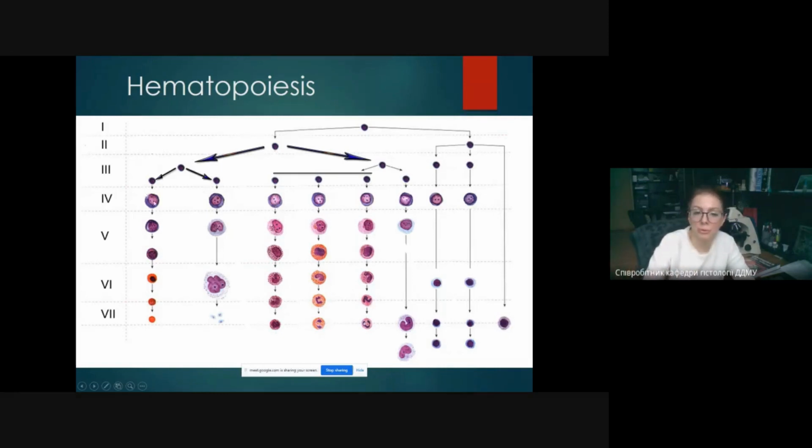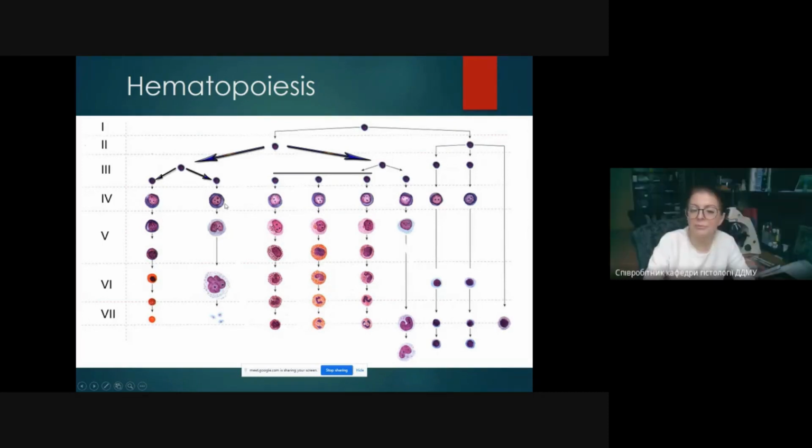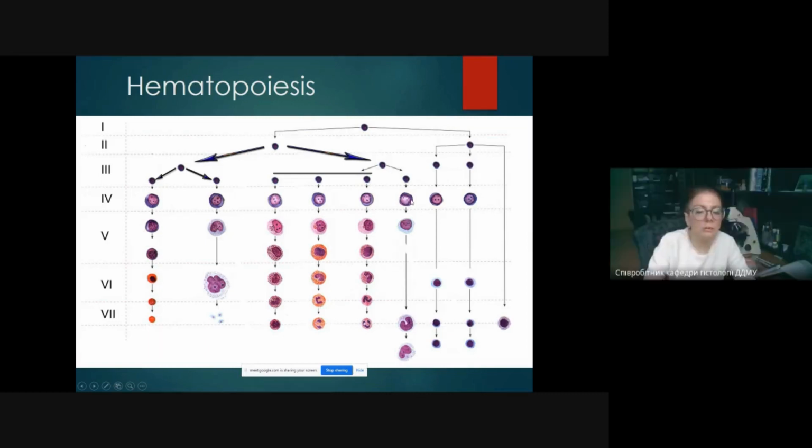So, proerythroblast. Here we have what cell? Do you recognize? This is megakaryoblast. Exactly. And here for monocytes, what cell do we have in the fourth class? Monoblast. Yes, here is the monoblast, and for granulocytes, how do we call these cells?